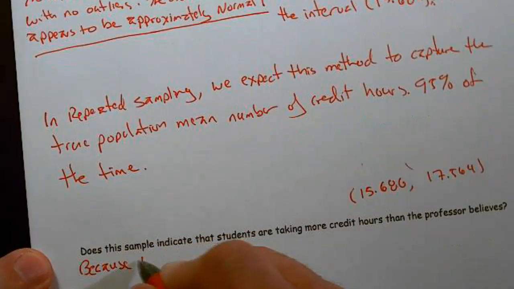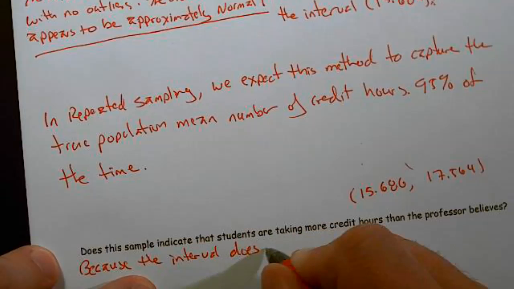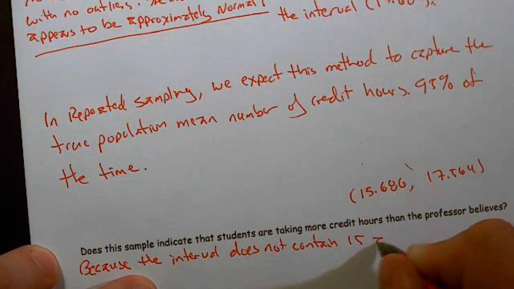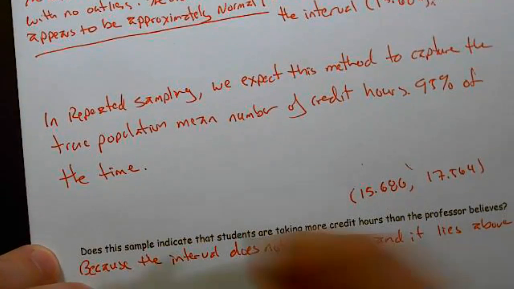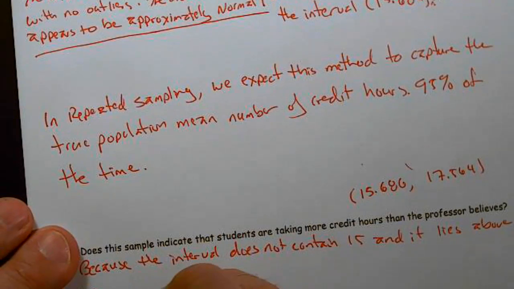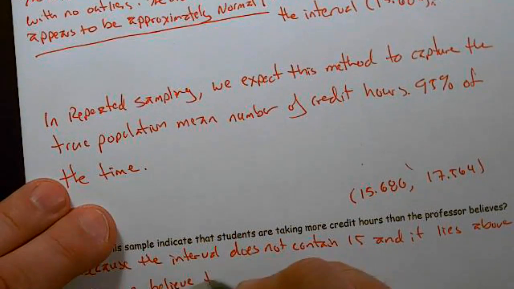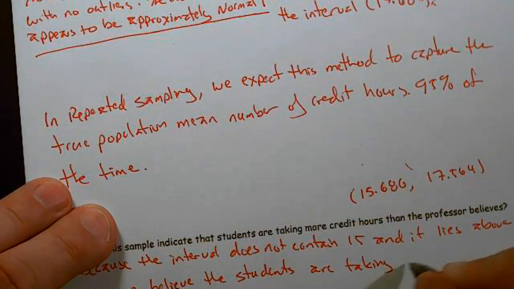Because the interval does not contain 15 and it lies above 15, we believe the students are taking more than 15 credit hours.